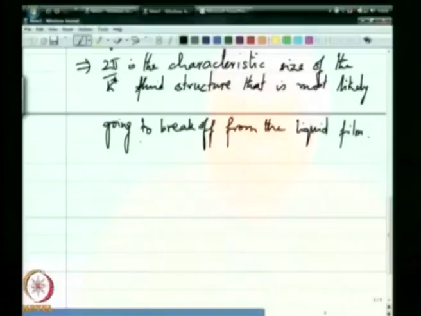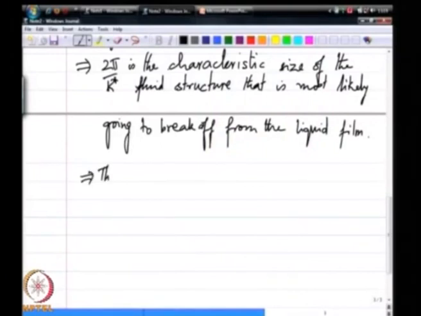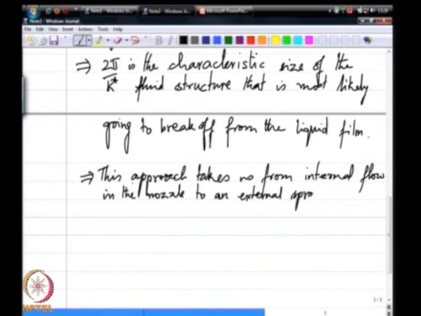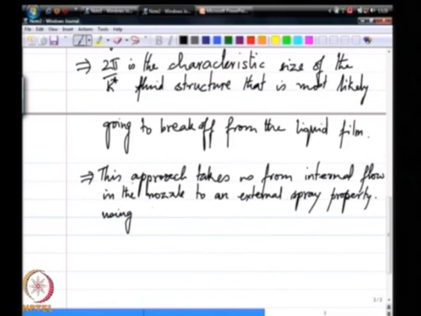While this approach takes us from internal flow in the nozzle to an external spray characteristic such as drop size, using only analytical tools for the most part.